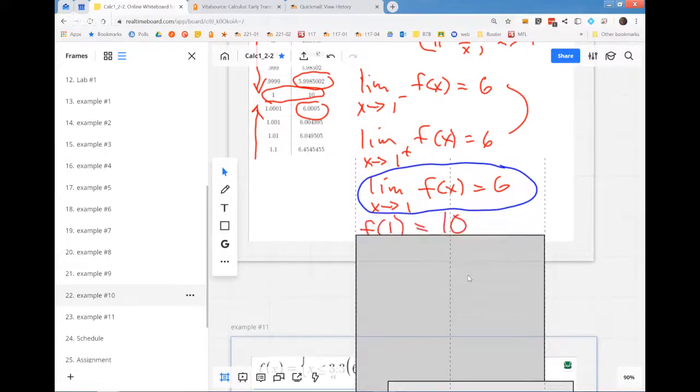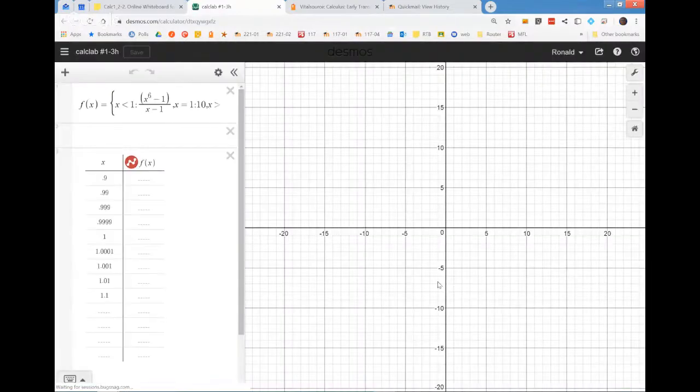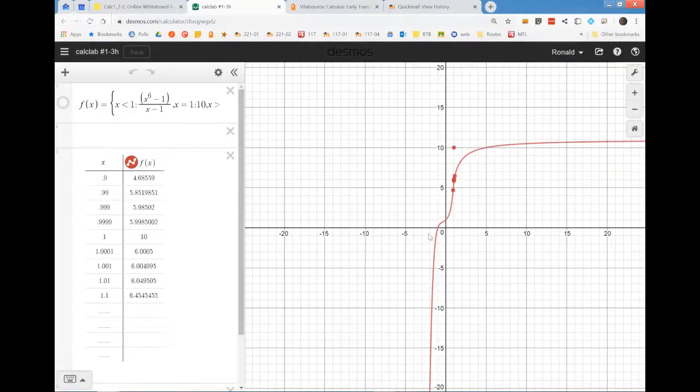What happens when you plug in f of 1? You don't get it. That's okay. I'm going to show you, so we're going to take a look at the graph here, what's going on. Here are the two pieces, this is actually the function in pieces. As x is approaching 1 from the left, you've got this curve coming up.